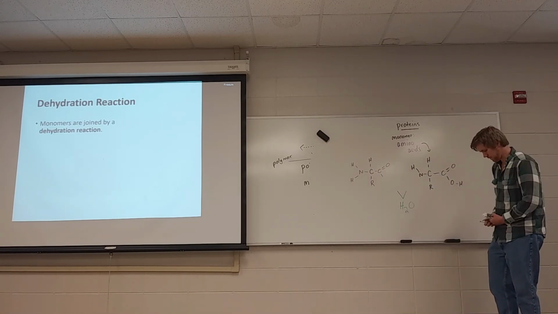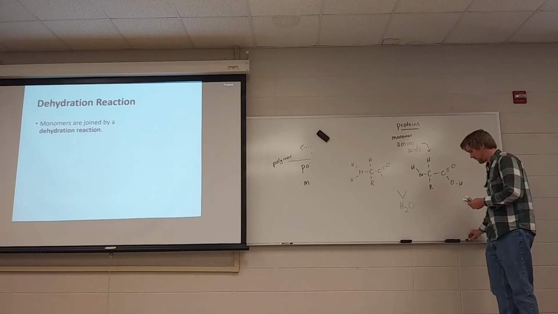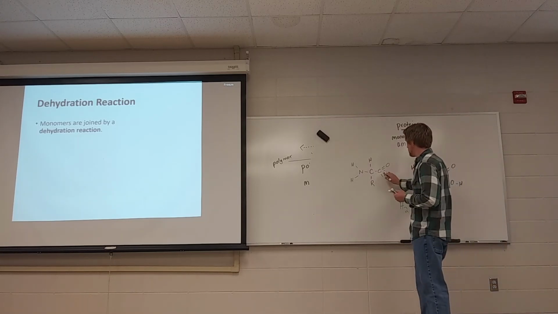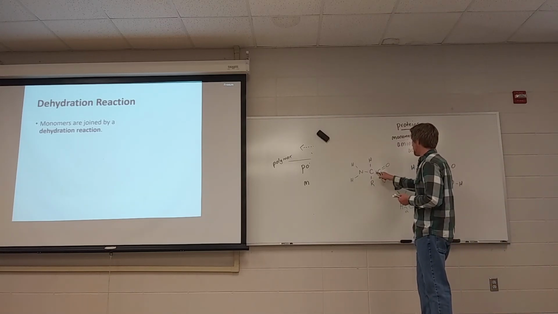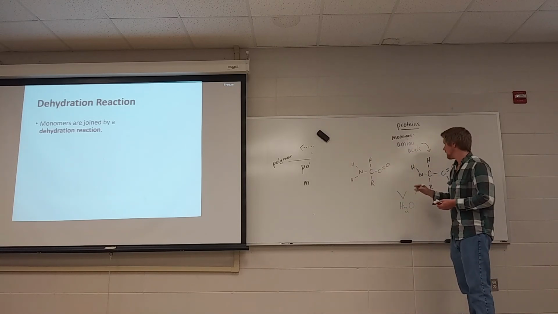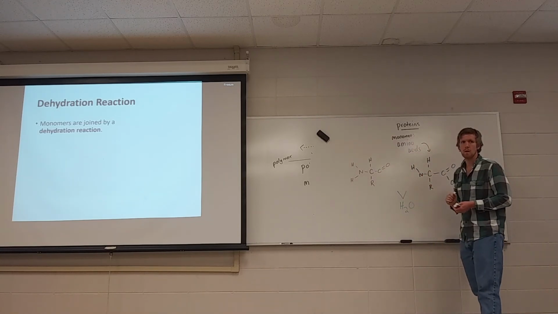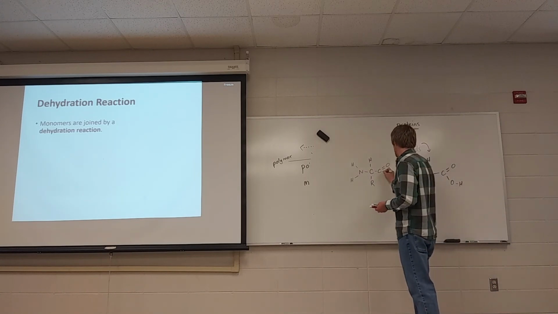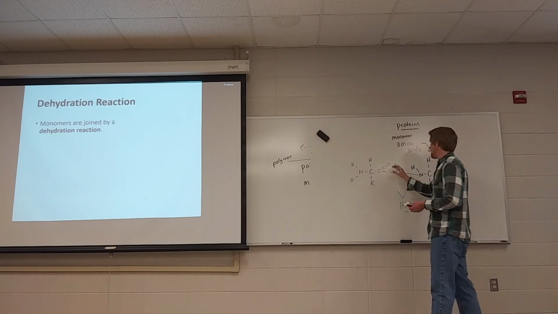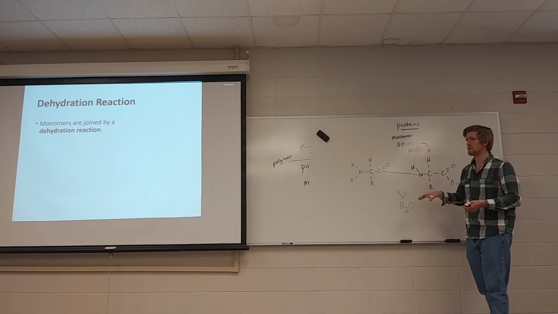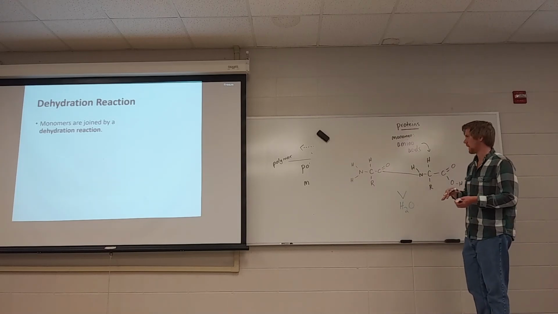Carbon over here only has 3 bonds formed at this moment. Nitrogen only has 2. If we join them together, now this carbon and this nitrogen are stable. Everybody's stable again.